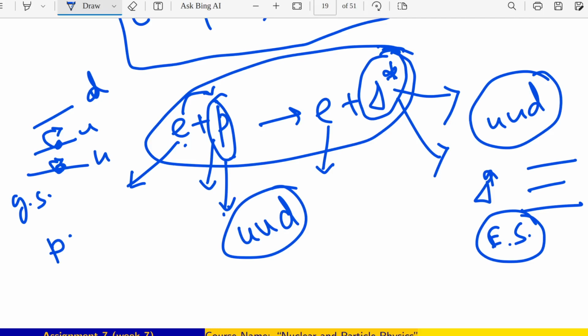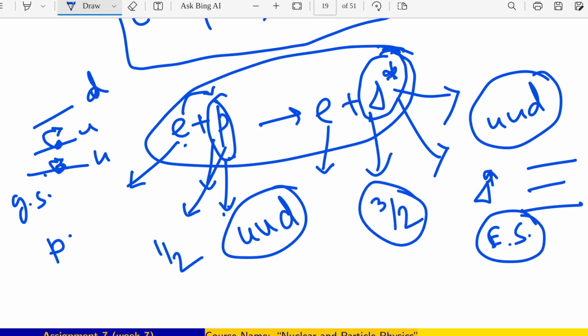Then we can't get from P to delta star, because there will be no inside particle. If there is nothing as an inside particle, then it can't go to that higher excited state, or it can't change its spin also, because you can see that for proton the spin is half, but for delta plus it is 3/2. So that means spin is also going to change.